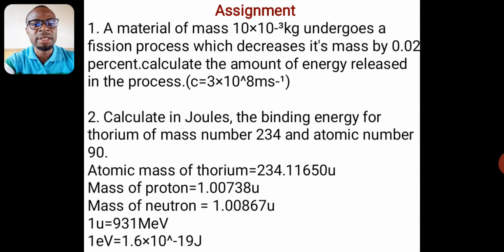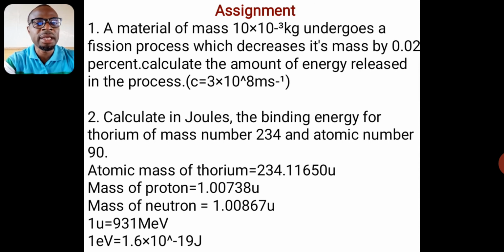Calculate the amount of energy released in the process, and the speed of light there is 3 times 10 raised to the power 8 meters per second. You should be able to solve that, because you have to get the final mass by doing the mathematics there. If you have the initial mass to be 10 times 10 raised to power minus 3, then the final mass, you know how to do this by multiplying by the percentage you have there, 0.02.